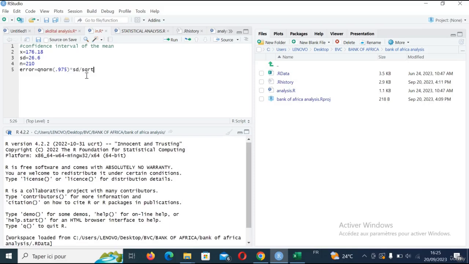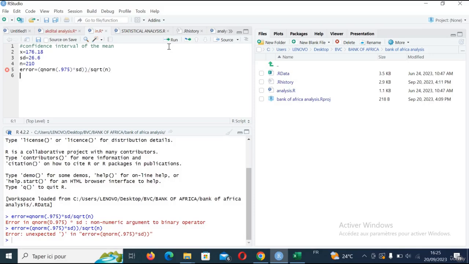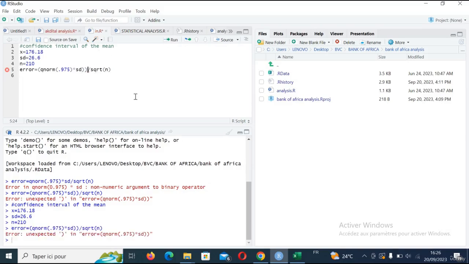This is the square root of n. We're going to enter this. Okay.